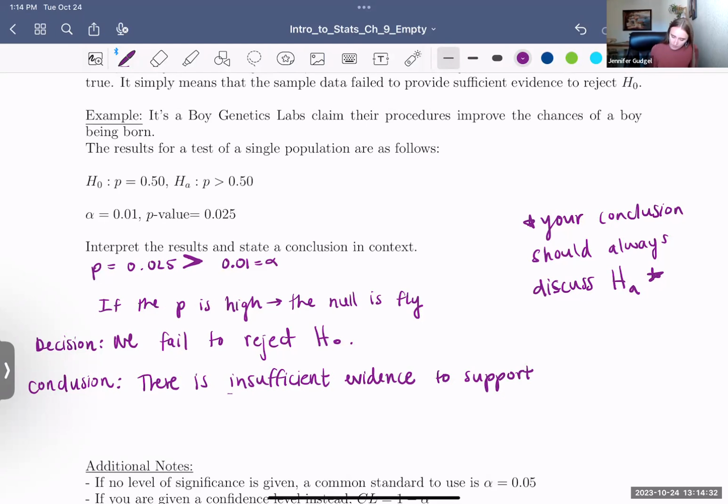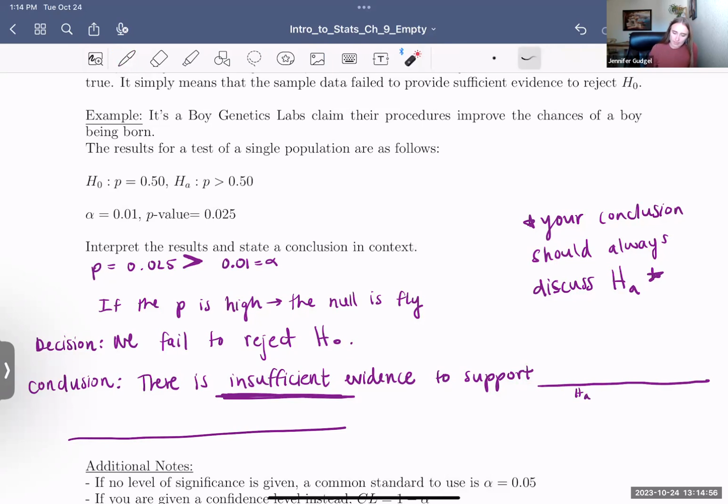I'll put blanks under. The rest of this is a general statement that you could copy and paste for every summary. There is blank evidence, either sufficient if we were able to reject or insufficient if we were not able to reject, evidence to support. And here's where we have to fill in our alternative hypothesis.